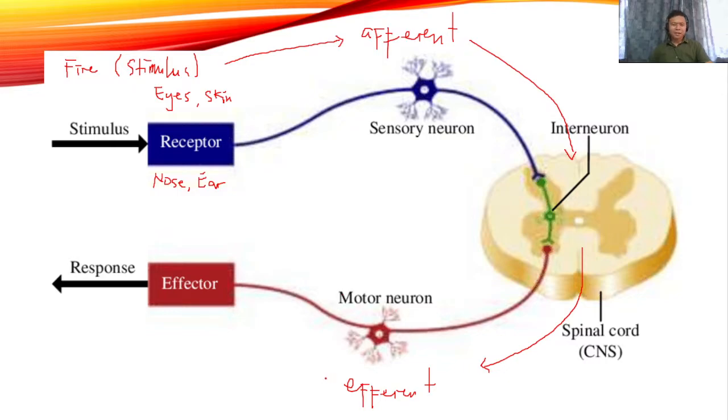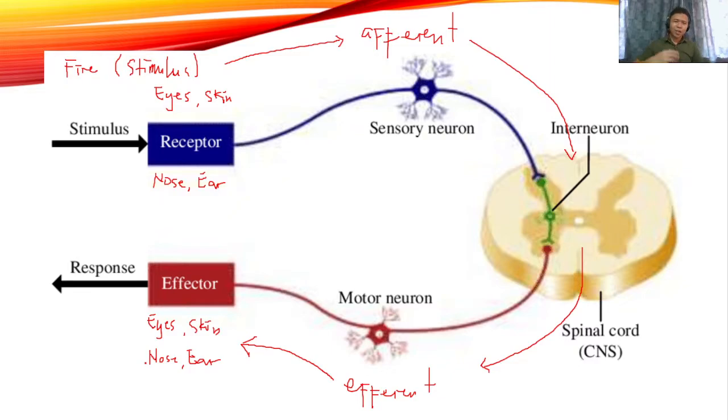So the efferent neurons or the motor neurons will send signals to your eyes again, to your skin, to your nose, to your ears, allowing you to realize that there is a fire outbreak.